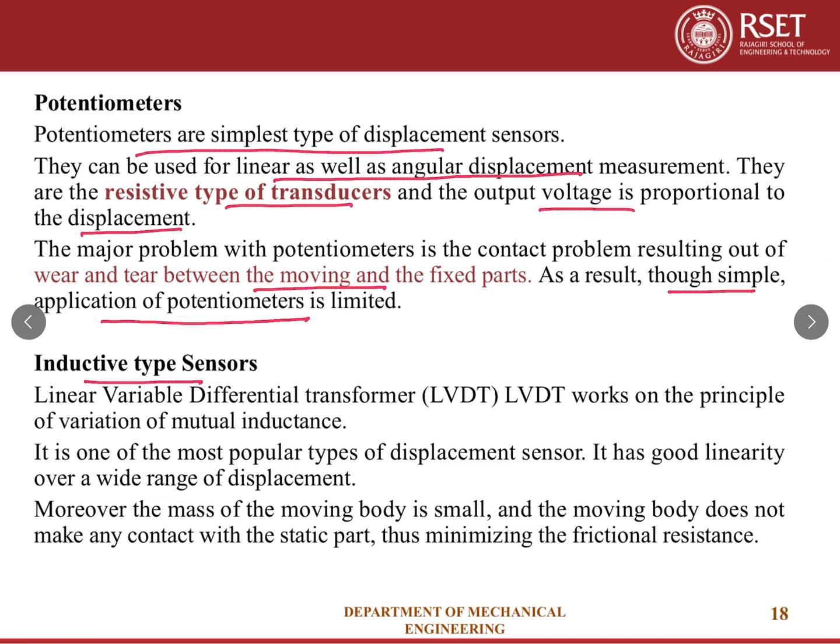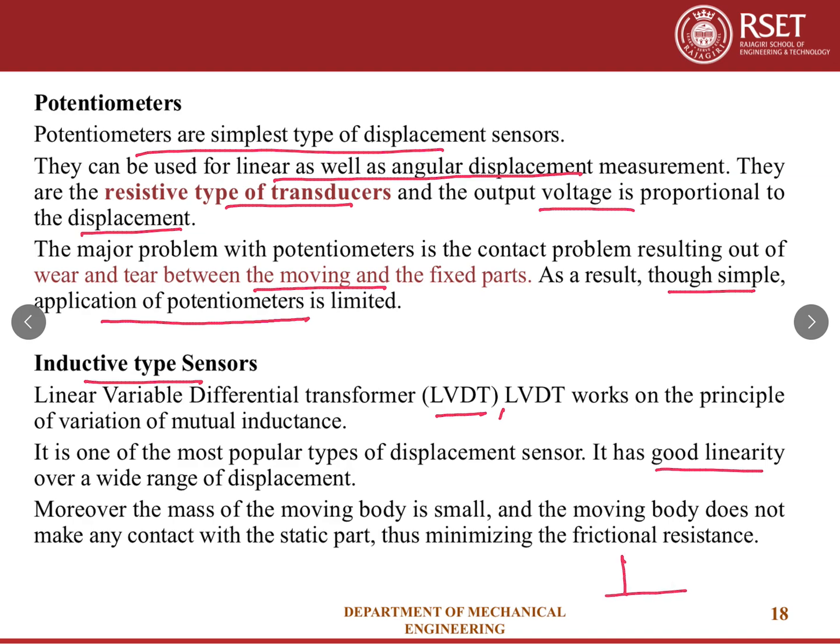Now inductive type of sensors. The example is LVDT, linear variable differential transformer or transducer. This LVDT works on the principle of variation of mutual inductance. We will study in detail about the LVDT in the coming slides. It is one of the most popular types of displacement sensor. It has good linearity.